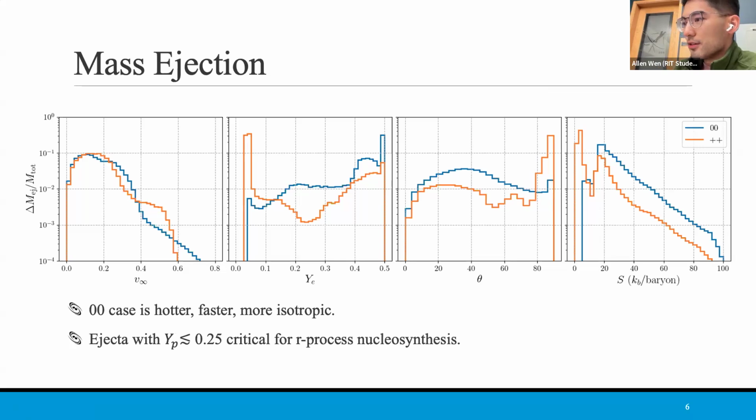Whereas in the 0 case, the ejecta is in general hotter, faster, and more isotropic. And I'll note that ejecta with electron fraction less than about 0.25 has been demonstrated to be critical for your r-process nucleosynthesis yields, and there sure is a lot of that in the plus case.